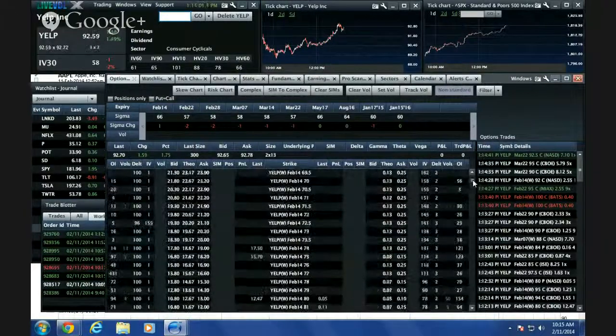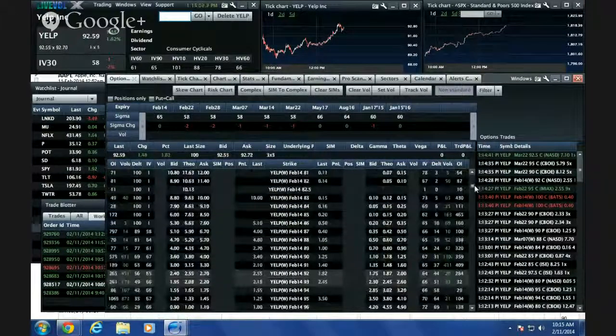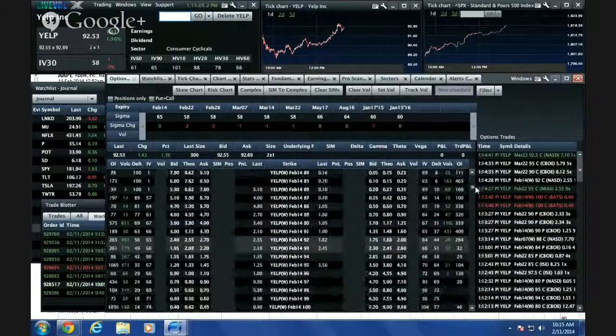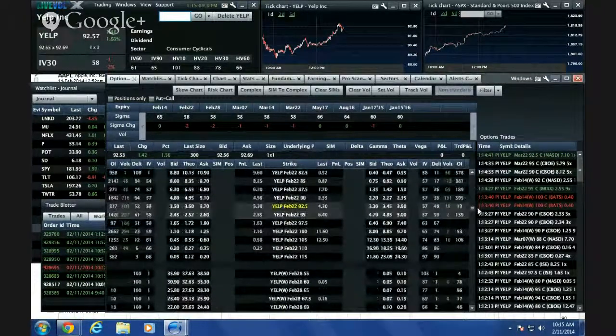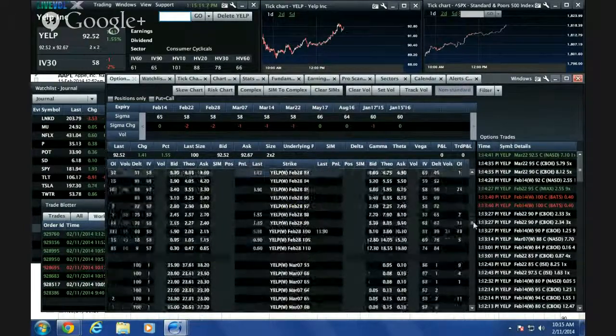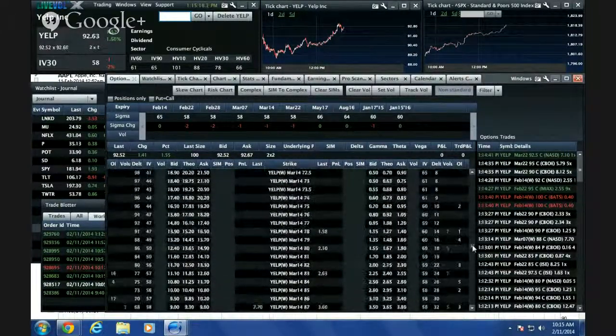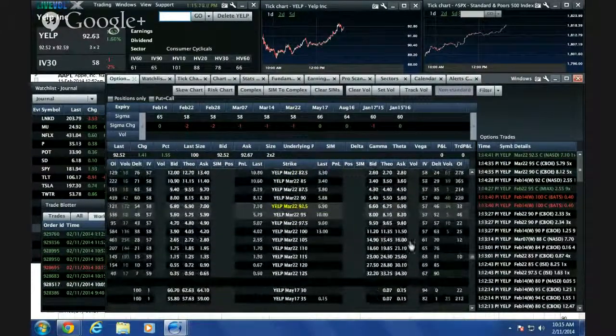But essentially, what I am trying to do is get options for free by doing some kind of spread. So you can see I'm trying to sell the Feb 22s here, and I am trying to buy the March 22s.